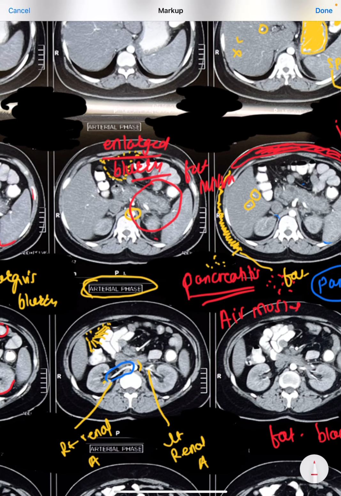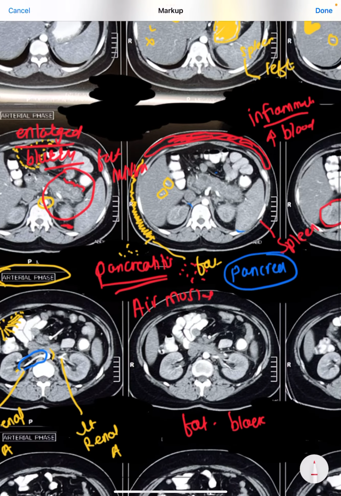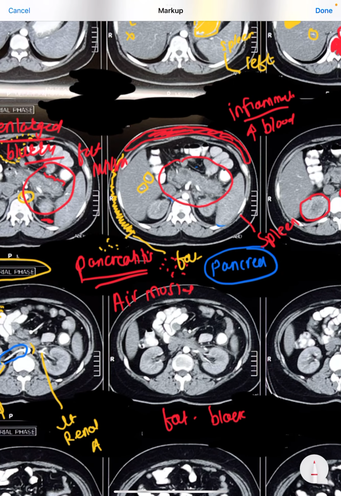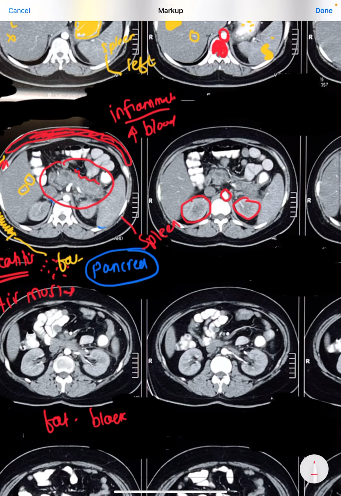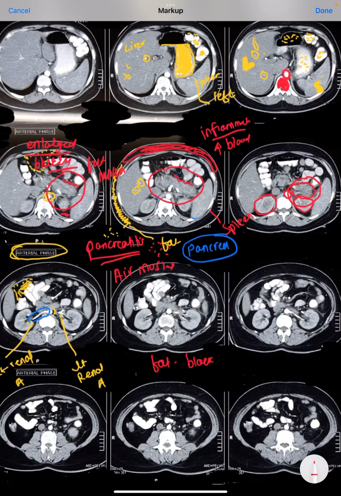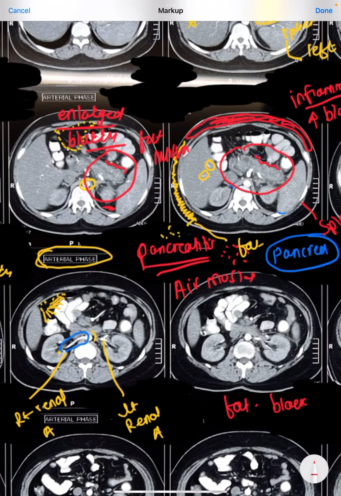See, this fat is very well defined, but here it is all blurry. The same is here. The margins are blurry and there is infiltration of fat. So there is peri-pancreatic fat infiltration.